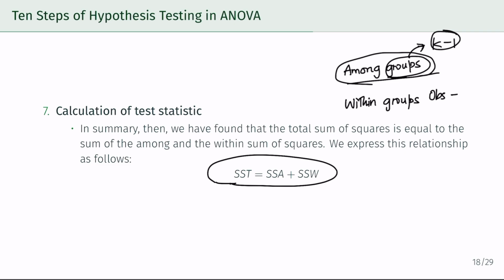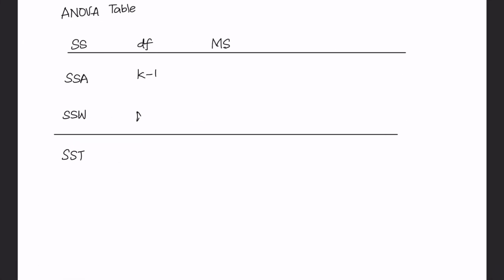We know that the number of treatments or groups is k and the number of observations is n. So we can just write directly n, the total number of observations, minus k. The total sum of squares will be n minus 1. Again, this is pretty evident because the total number of observations is n, so minus 1 will always be the degrees of freedom.